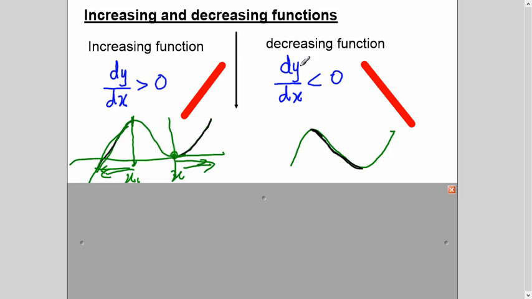Similarly, for a decreasing function, you do dy over dx less than 0. Actually, this is forming an inequality, so when you solve this inequality, you get the values of x. In this case, you get these values of x, which will give me a decreasing function. You get my point?